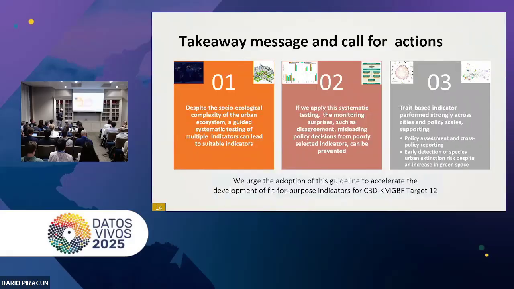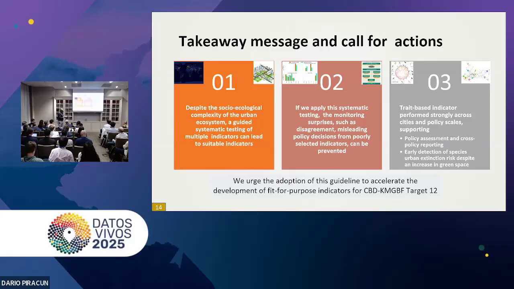So the key takeaway message: despite those socio-ecological conflicts in urban ecosystems, guided systematic testing with indicators can lead to suitable indicators. It's not a problem that we have complex socio-ecological contexts. Second, if you apply this systematic testing, the monitoring failures such as what we have seen previously will not come; we can prevent them.